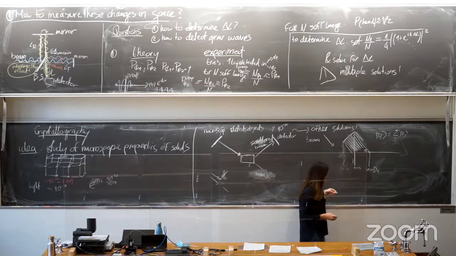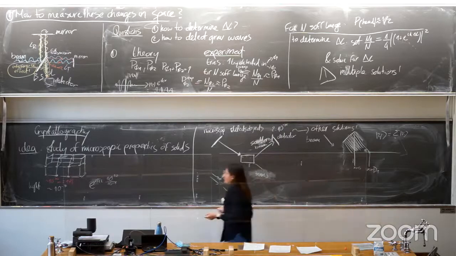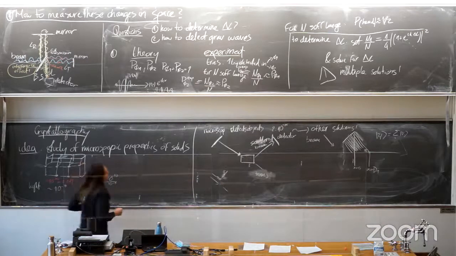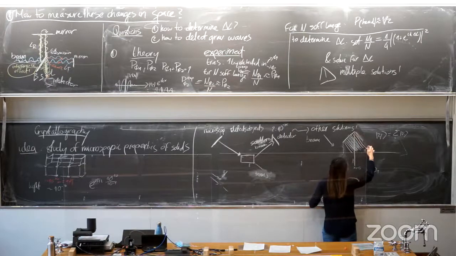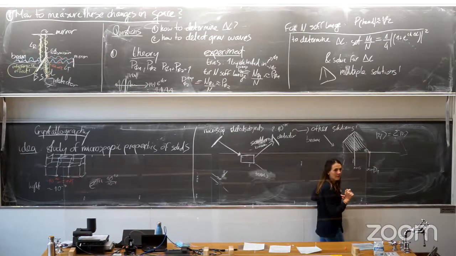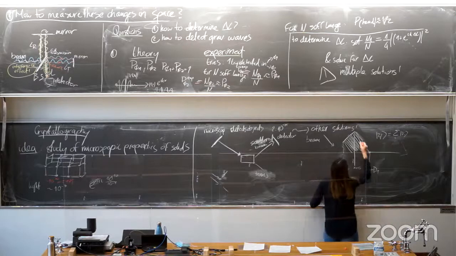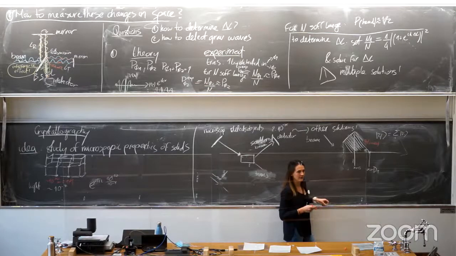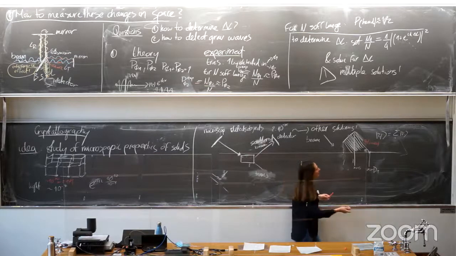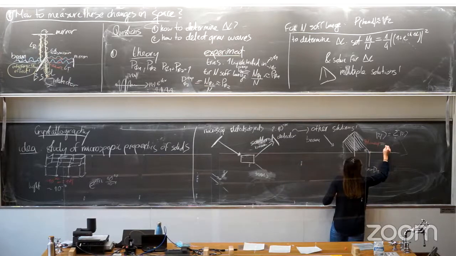Let's assume that exactly at d1, the upper ray hits an atom here. So this distance is d1 divided by cos of theta. This is trigonometric, and we call it, for simplicity, d.